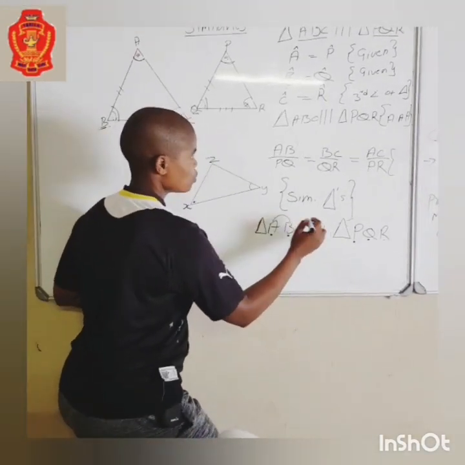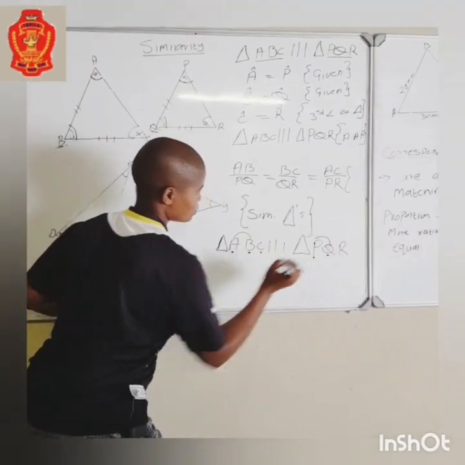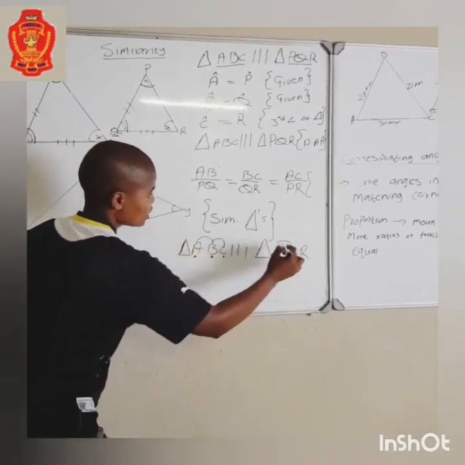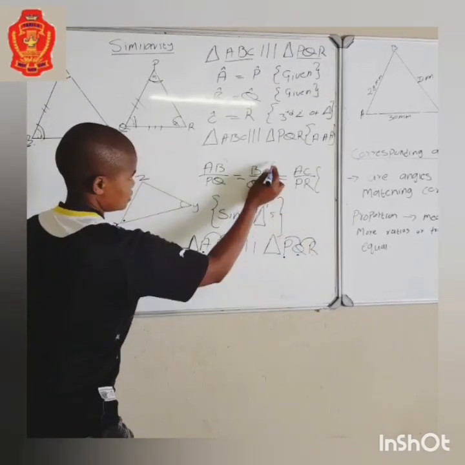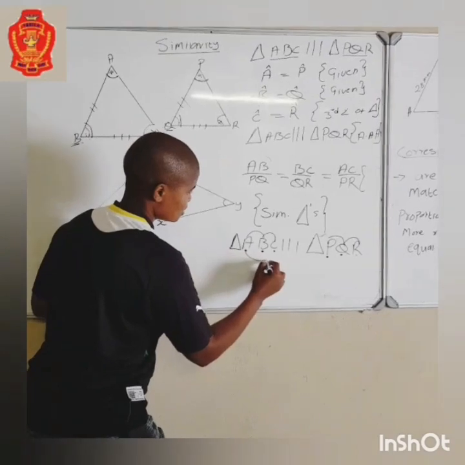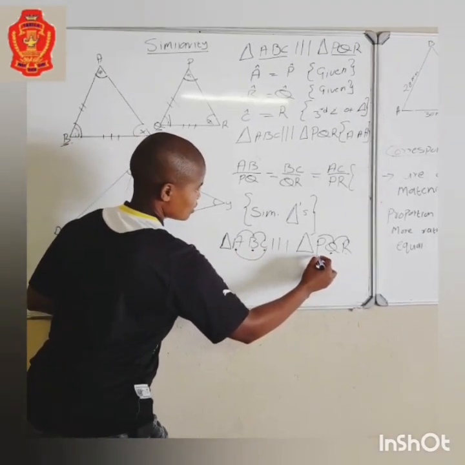AB over PQ. And then BC over QR. And then AC over PR.